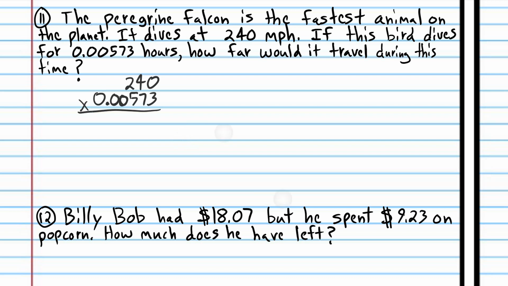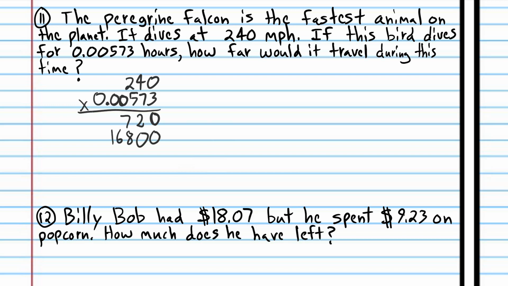All right, so we have to multiply 3 times 240, so 3 times 0 is 0, 3 times 4 is 12, carry the 1, 3 times 2 is 6, plus 1 is 7. Now we put a placeholder, and now we move on to the 7. 7 times 240, so 7 times 0 is 0, 7 times 4 is 28, carry the 2, 7 times 2 is 14, plus 2 is 16.